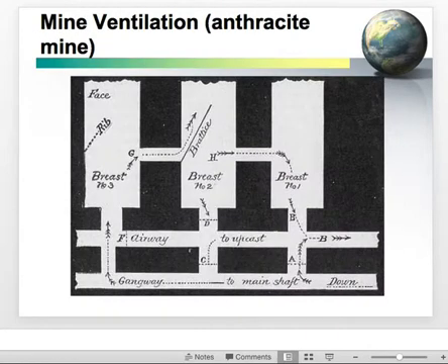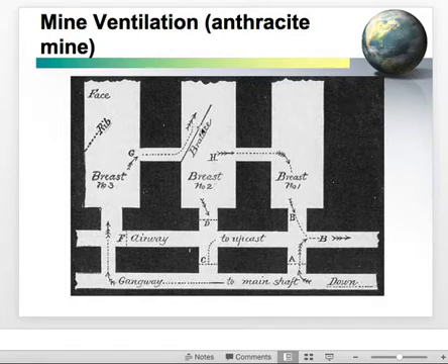Historically, if we look at mine ventilation, this would be an anthracite mine, and so the air would come in, go around the working faces. These would be typically inclined at 60 degrees, 45 degrees if you're mining into the seam, into the mountain. You'd use explosives, you'd build some chutes, and so the coal would be exploded.